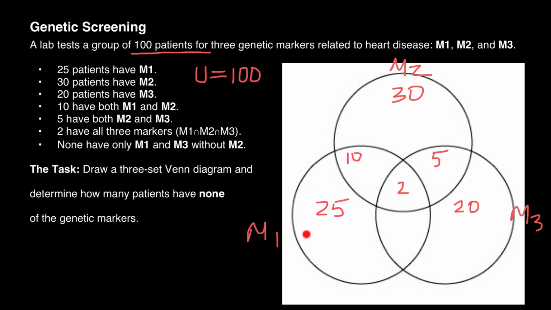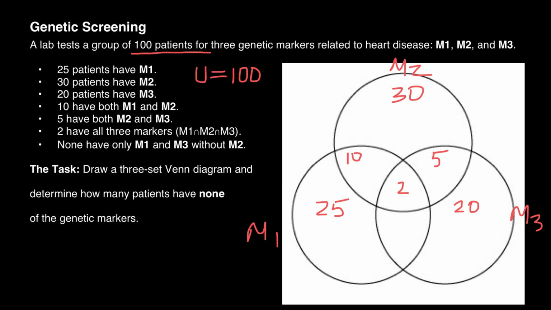So this is going to be marker 1, marker 2, marker 3, all intersections, and the space outside of this sample space is going to be those patients that don't have any of these markers in any combination. So we have to find and put a number here which would represent these patients.